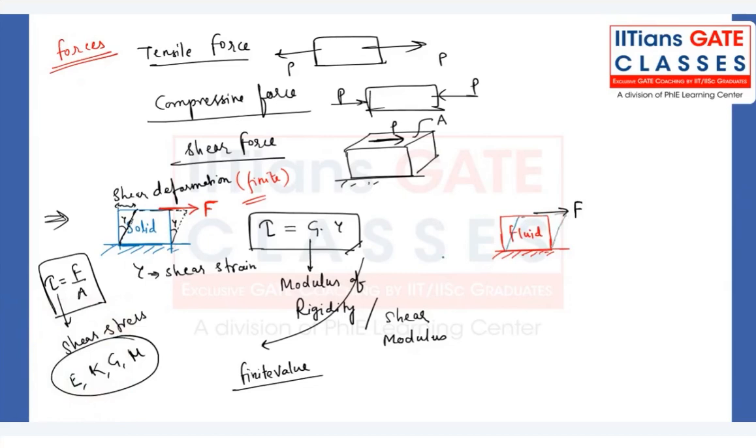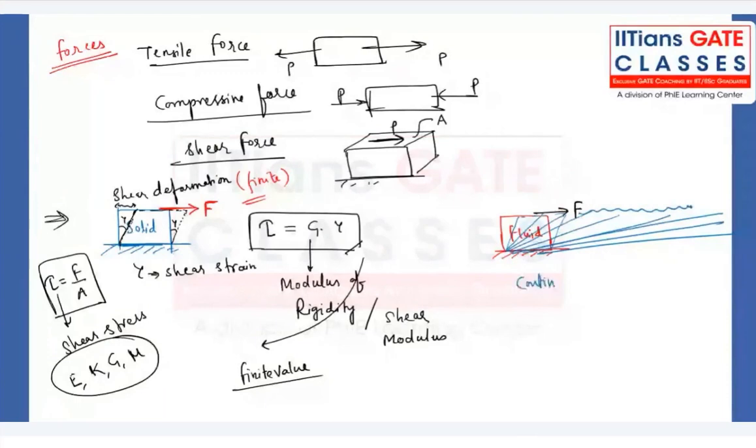Even though a very small amount of force is there, you will observe that it will be continuously deforming. Whatever this continuous deformation is, that particular deformation we call fluid flow has begun.